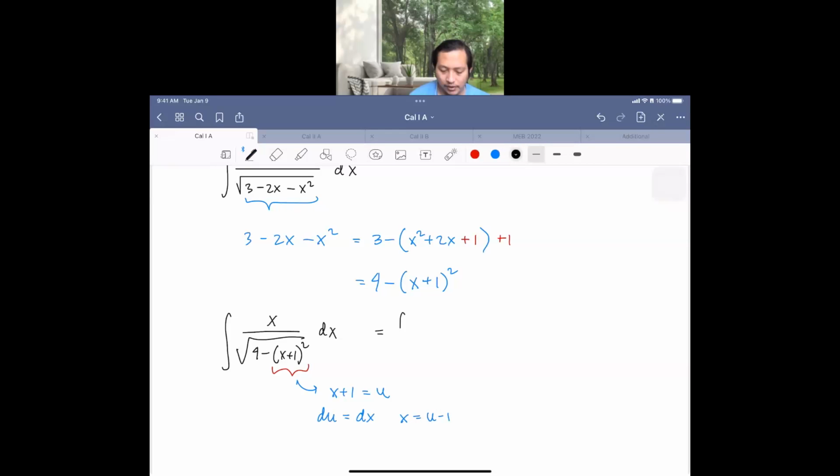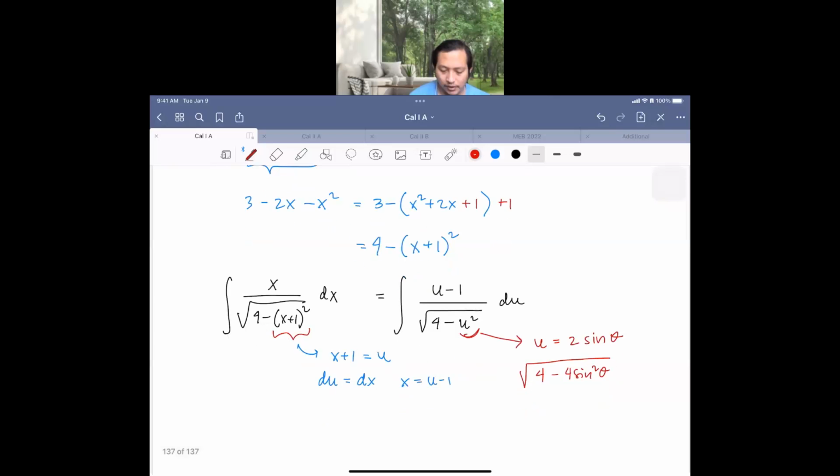So we could change this into u minus 1 divided by the square root of 4 minus u squared, and then du. And from this variable u, we can take u as 2 sine theta, so that we have the square root of 4 minus 4 sine squared theta, which will be 2 cosine theta, right?